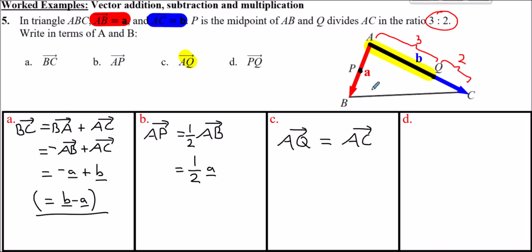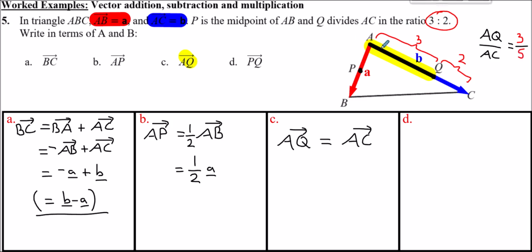And so from A to Q, AQ as a fraction of the total from A to C, AQ is only 3 parts, according to this ratio, but from A to C is this 3 parts plus the other 2 parts, which is 5 parts.